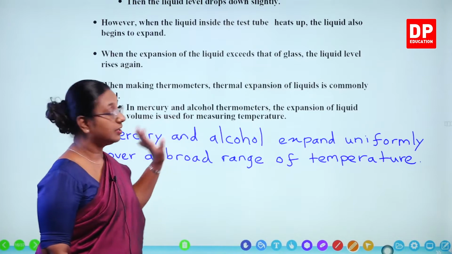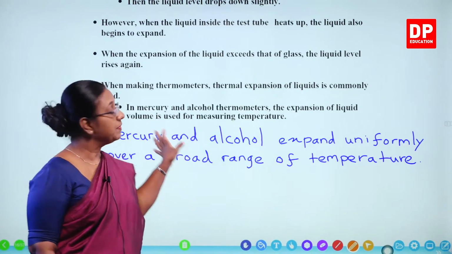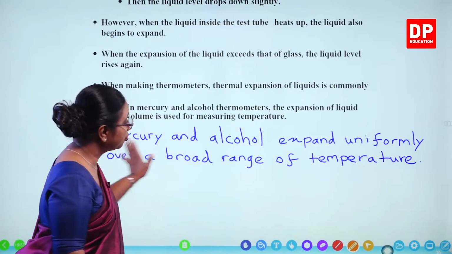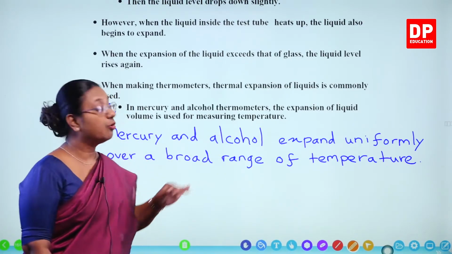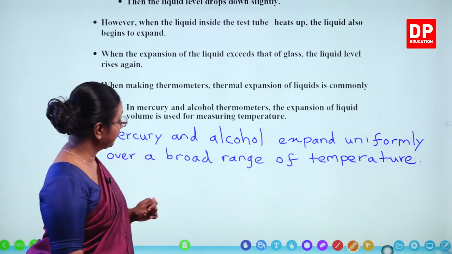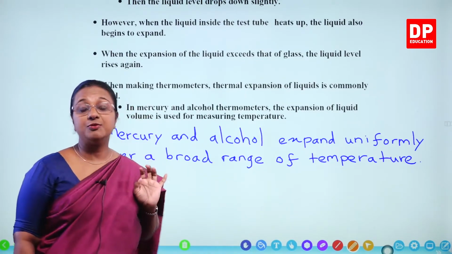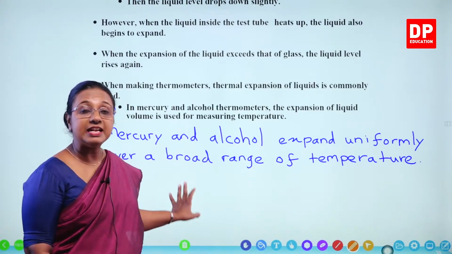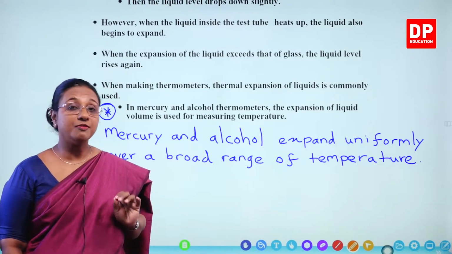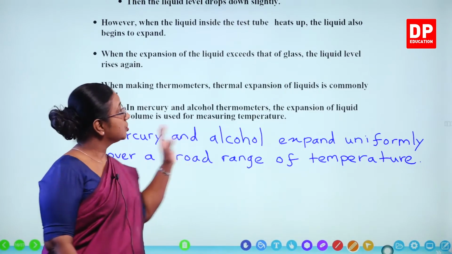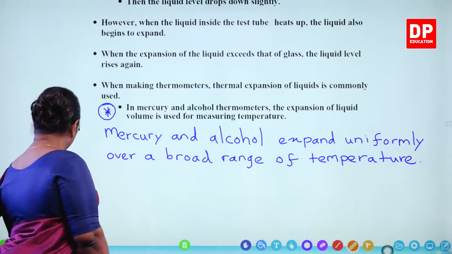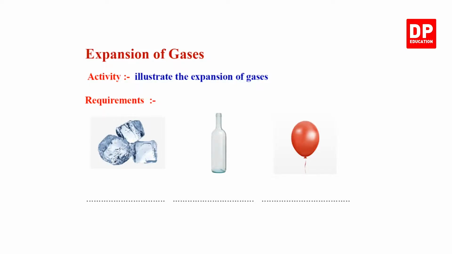So, both thermometers have liquid in them and the two liquids show uniform expansion, or they expand uniformly over a broad range of temperature. Because of that, they are very useful in thermometers, and that is one important application of expansion of liquids due to heat. So, with that students, I will move on to the next slide where we discuss expansion of gases.